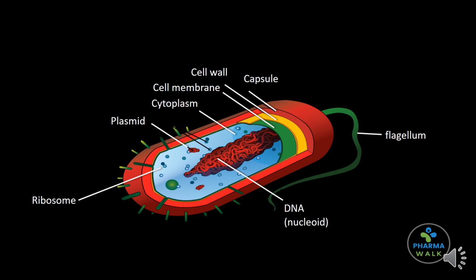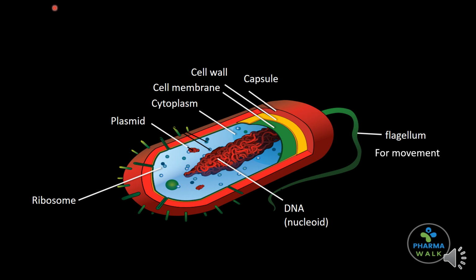Some bacteria may have a tail-like structure at the end which is called a flagellum. It can be a single flagellum or multiple flagella as well. This flagellum or tail-like structure helps in the movement of the bacterial cell in the host.